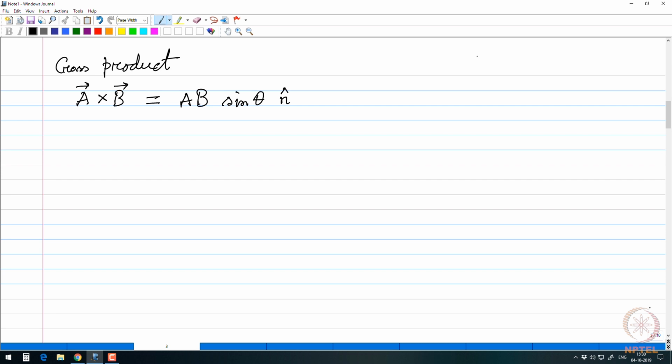So, if this is vector A and this is vector B, then the angle between them is theta, and A cross B would have magnitude AB sin theta, and the direction would be perpendicular to both A and B, that is perpendicular to the plane of this screen.